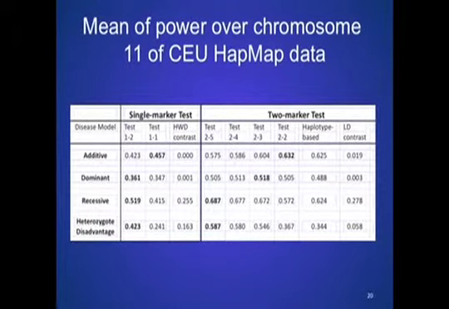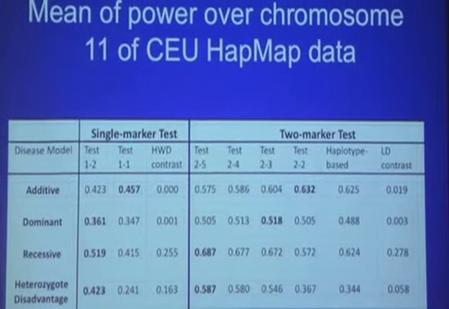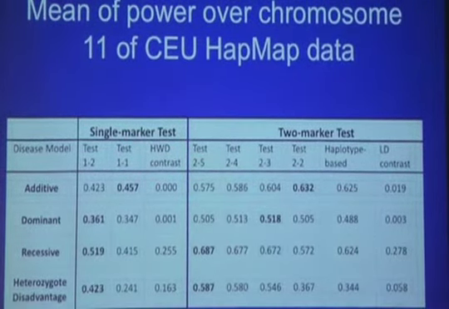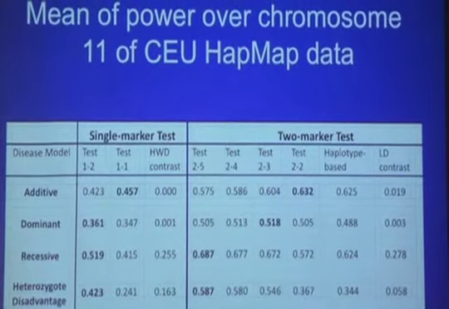So parameters, the same as before, we had a whole bunch of parameters. Okay, now what do you get? So what you see now is you'll notice that the 2 marker test that is best is always better than the single marker test that is best. See, that is the power.